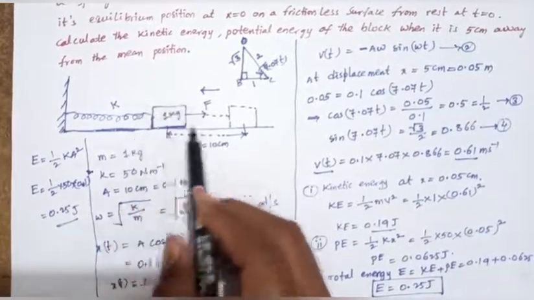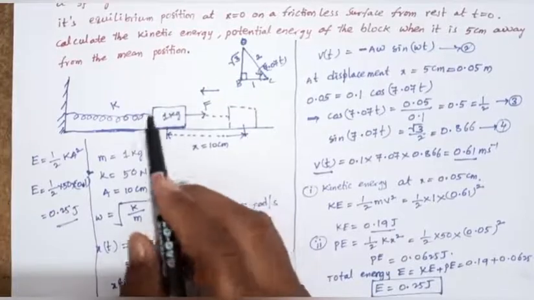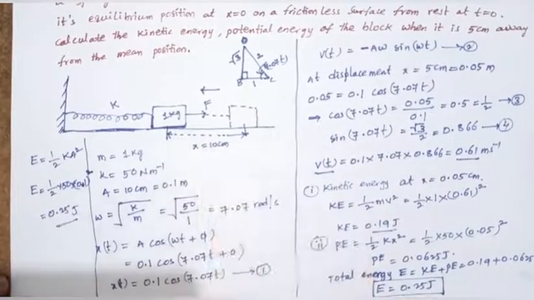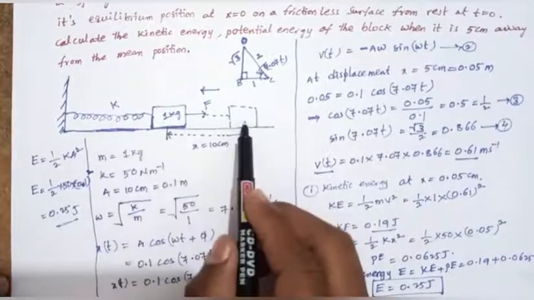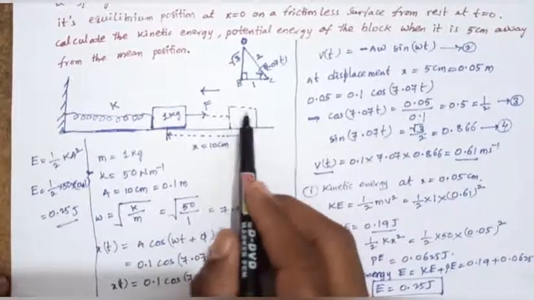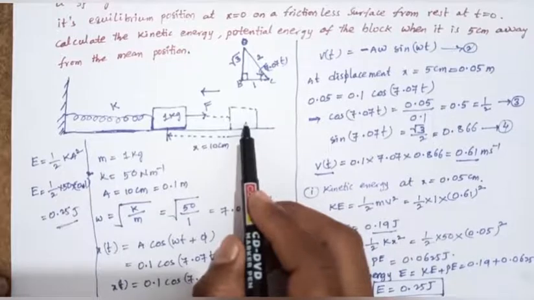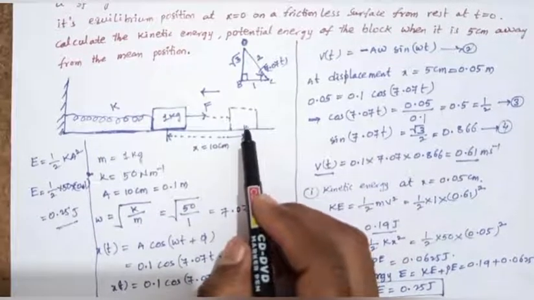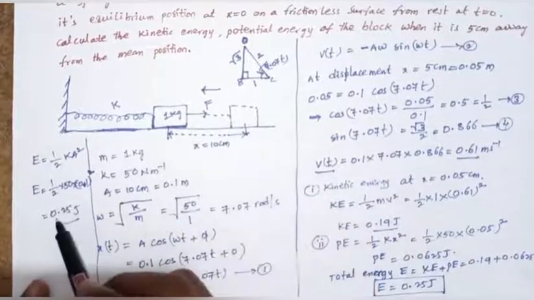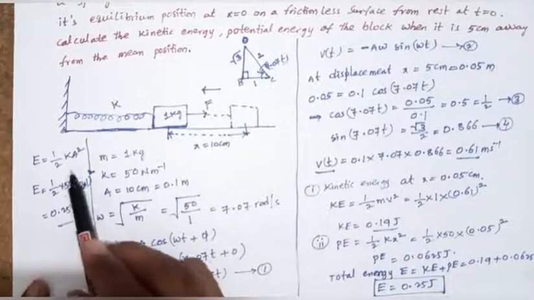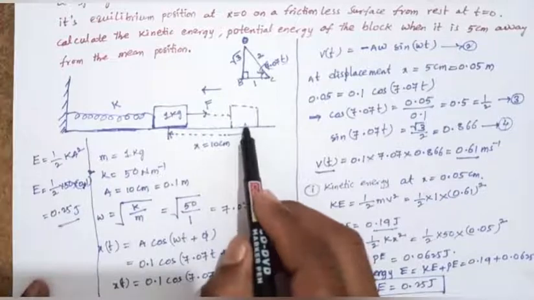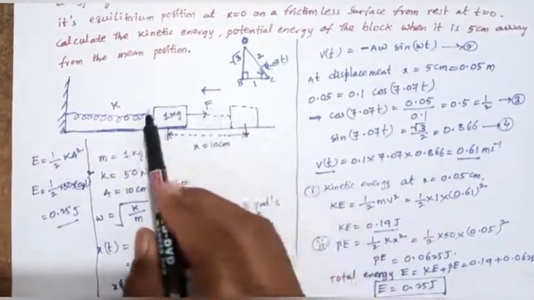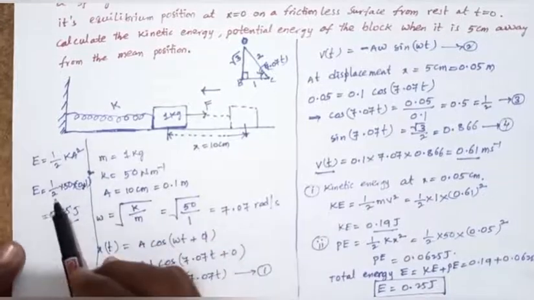At the mean position, it consists only of kinetic energy. At the extreme positions, it consists only of potential energy, not kinetic energy. At the extreme position, the potential energy equals the total energy of the body.